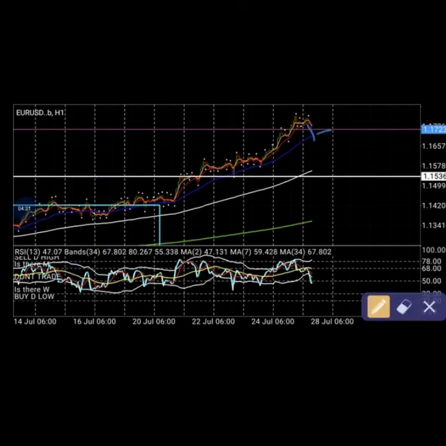Let's say price breaks below this 50 exponential moving average, the 50 EMA, you understand, and price fails to go back above it.